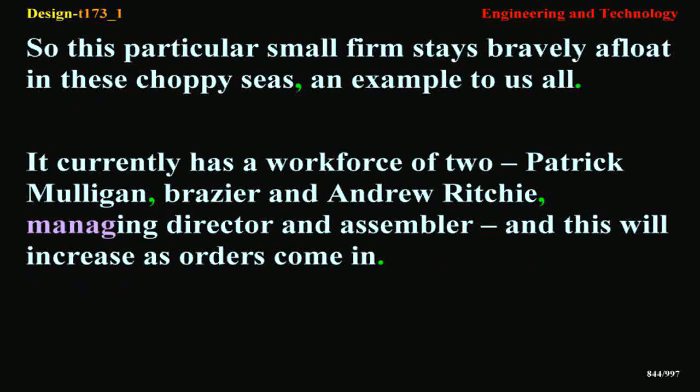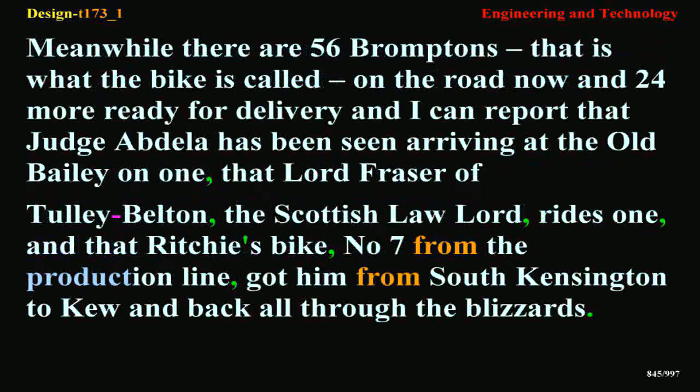It currently has a workforce of 2: Patrick Mulligan, brazier, and Andrew Ritchie, managing director and assembler, and this will increase as orders come in. Meanwhile there are 56 Bromptons, that is what the bike is called, on the road now, and 24 more ready for delivery, and I can report that Judge Abdela has been seen arriving at the Old Bailey on one, that Lord Fraser of Tullybelton, the Scottish law lord, rides one, and that Ritchie's bike, number 7 from the production line, got him from South Kensington to Kew and back all through the blizzards.